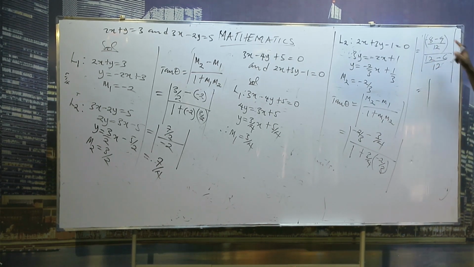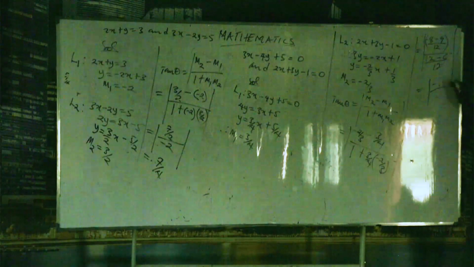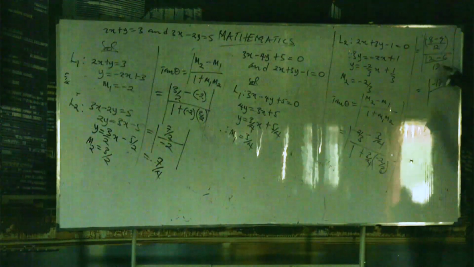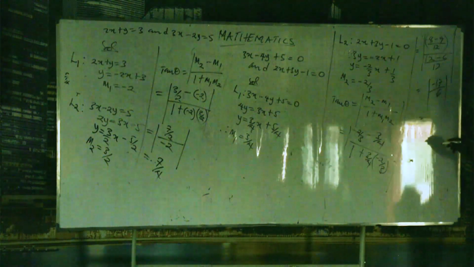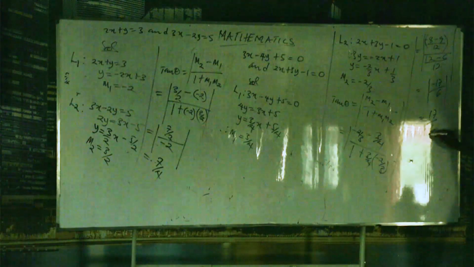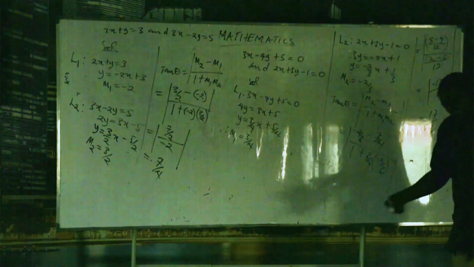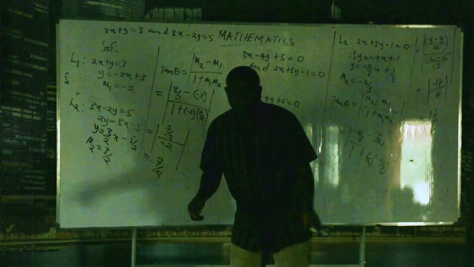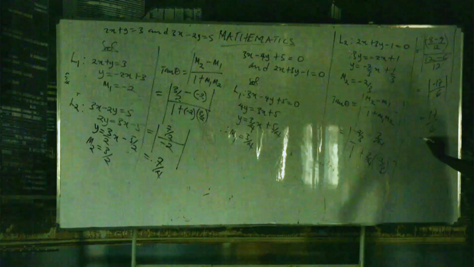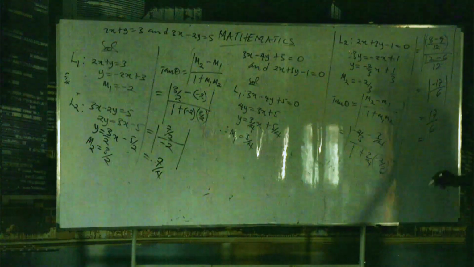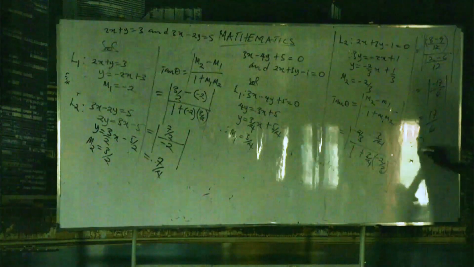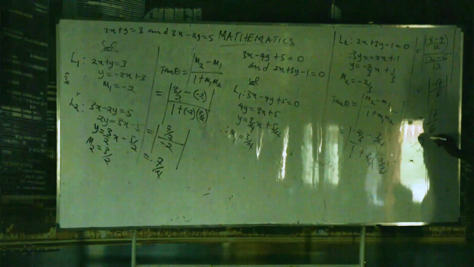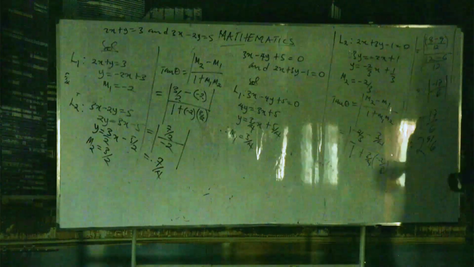Minus 8 minus 9, minus 17, over minus 17. Then what is your answer? 17 over 6. If they go further, what do you do? You go further. Which one is the whole number? 2 whole number, yes? 5 over 6.